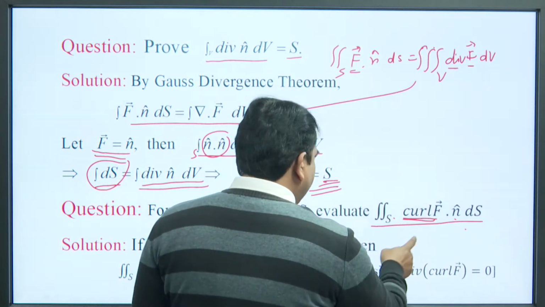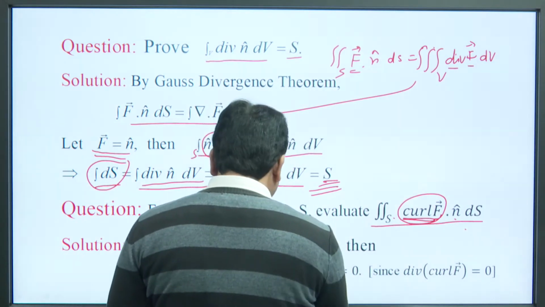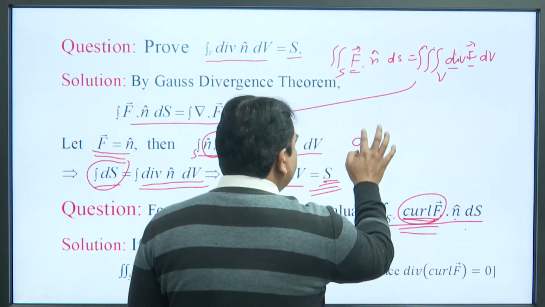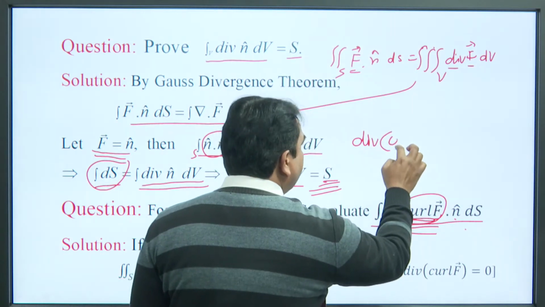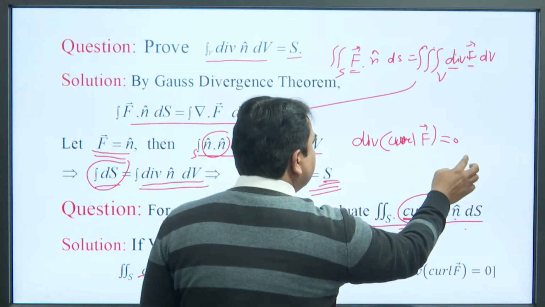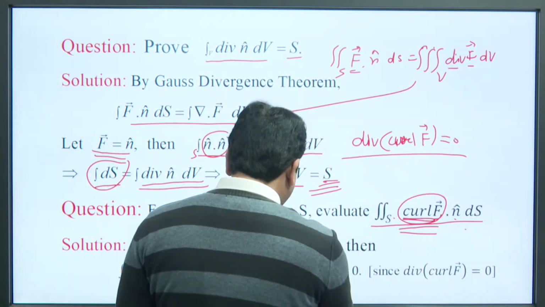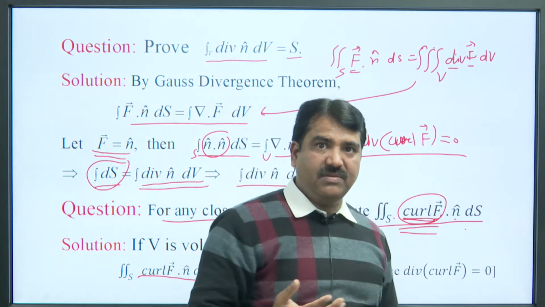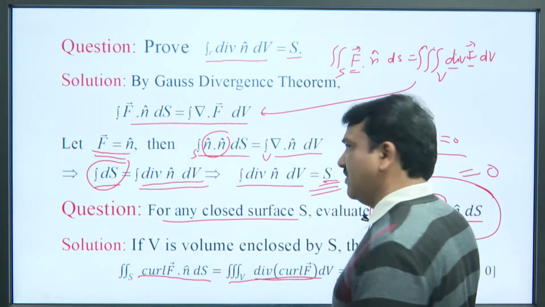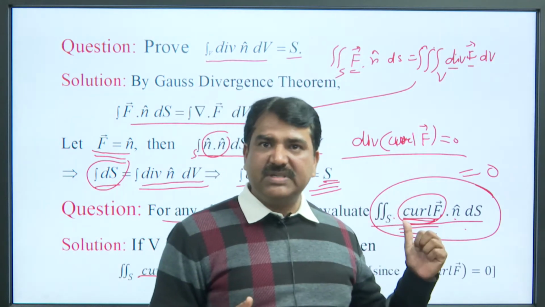So, by divergence theorem, the integral is equal to divergence of curl of f, and we know that this is a vector identity, divergence of curl of vector f is equal to 0. Thus, finally, its value becomes 0 because divergence of curl f is 0. So, with the help of divergence theorem we can find the value of this as 0.